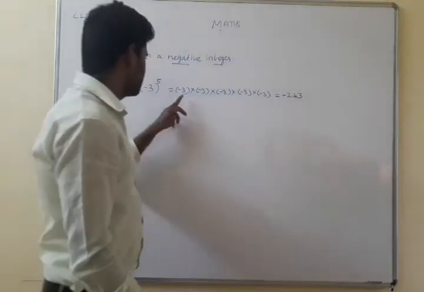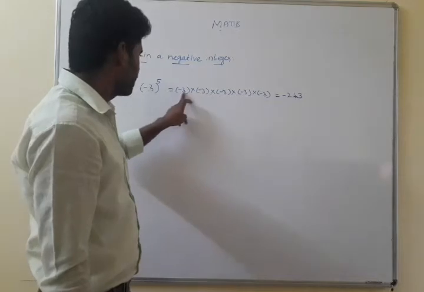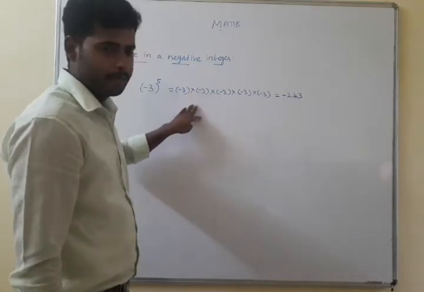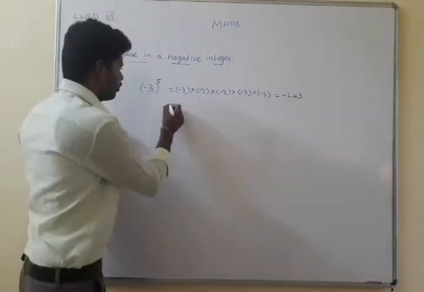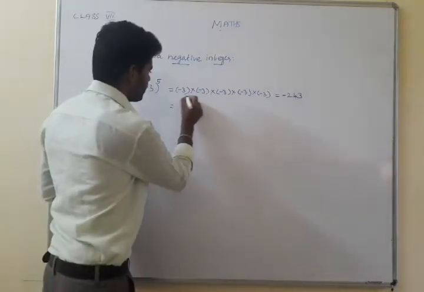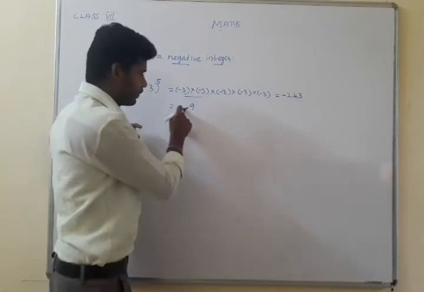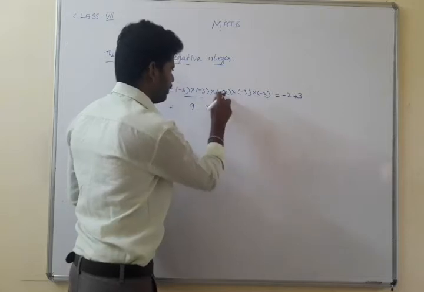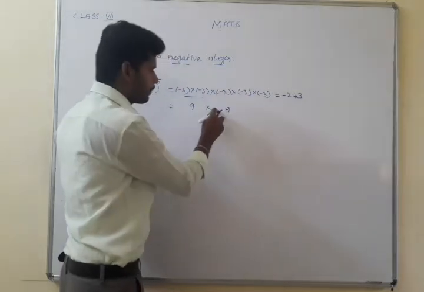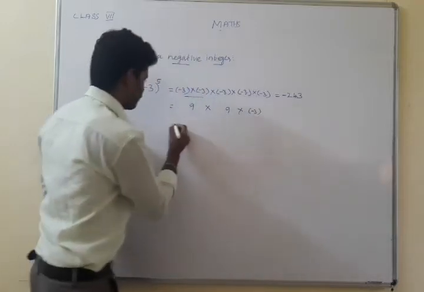Now why is it minus here? Minus into minus gives plus. So 3 3s are 9, minus into minus is plus, into minus 3 again.